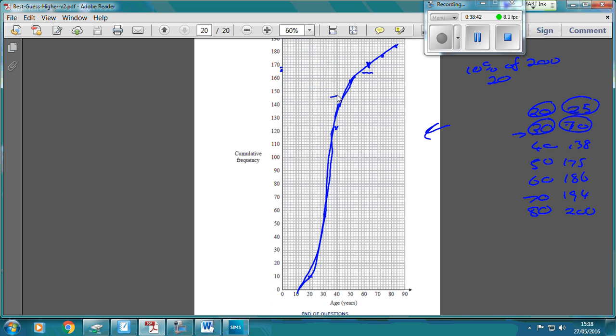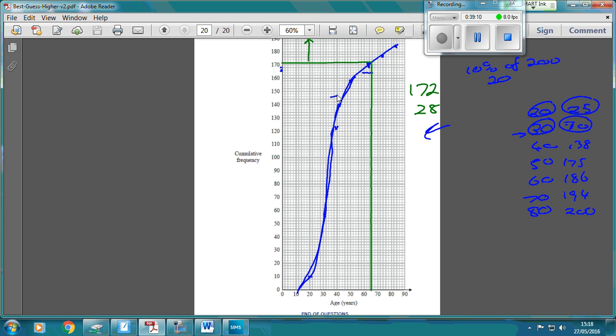So what we do is we go up from 65, and then we read across. And if we do that, that's about 172. So therefore, up to 200, so 172 up to 200, that's going to be 28 people.